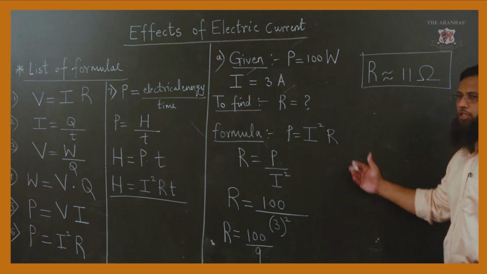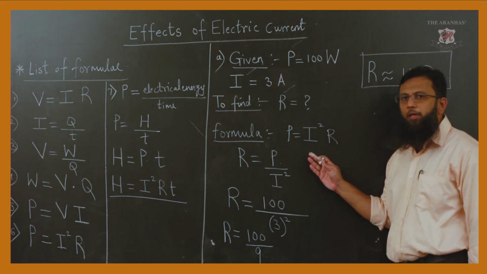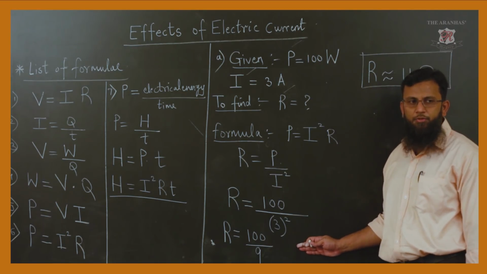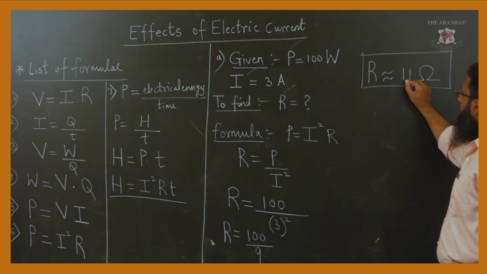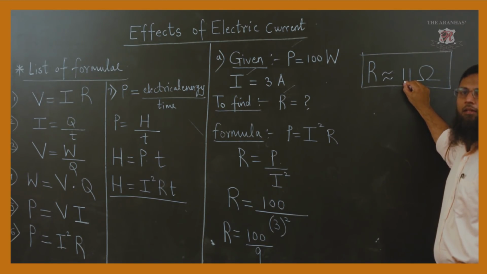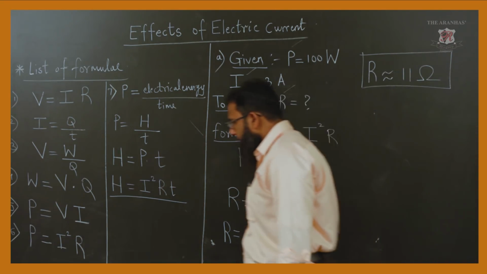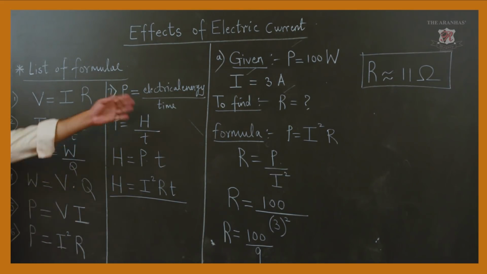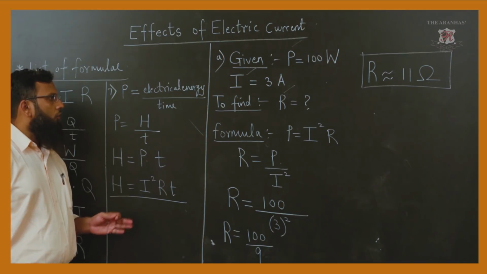What will be the distribution of marks in such situation? Half mark will be for the formula, half mark will be for the substitution, and 1 mark will be for the correct calculated answer along with the correct SI unit. So, this is the way one can easily approach to solve a numerical in board exams. So, I hope this problem is very clear to all of you.